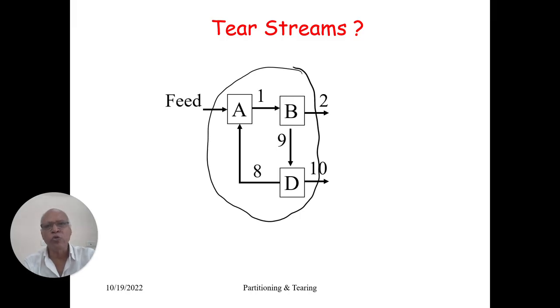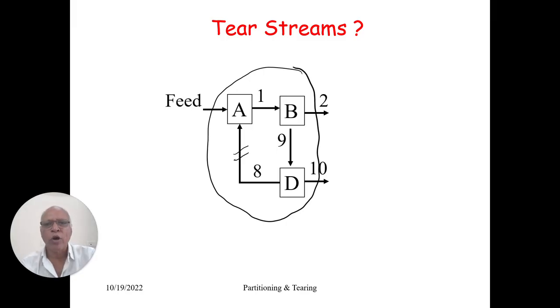Now, if you want to solve the problem, given the necessary information required for defining the problem, where would I like to start? Let us assume that I would like to start with unit A. When you look at unit A, I know feed, but do I know 8, the other input stream to unit A? Now this is not known. So the only option for us, if we want to start with A, is to tear this stream.